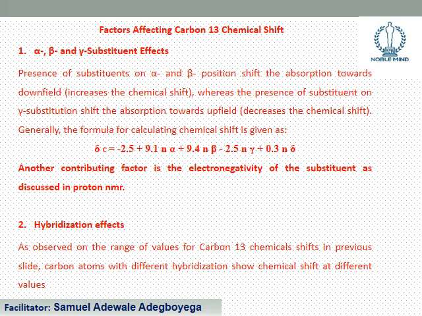Go back to where we have the carbon-13 chemical shift. You could see where the chemical shifts of saturated alkanes are found, and for the alkenes you see their chemical shifts, and for the unsaturated alkynes you see where their chemical shifts are. So you could go back and observe what I've just discussed.